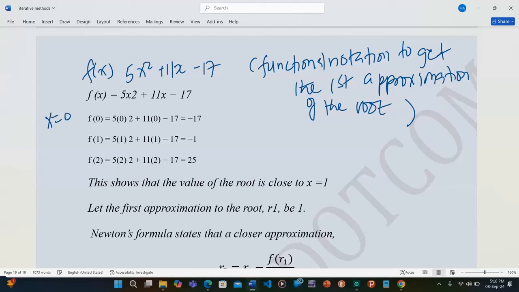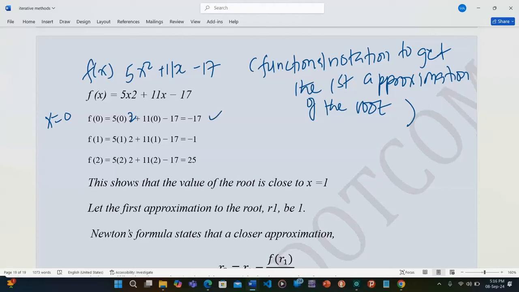We are starting from a point where x is equal to 0. So use your calculator, where there is x, we put 0. So 5 times 0 squared plus 11 into 0, this gives you negative 17.